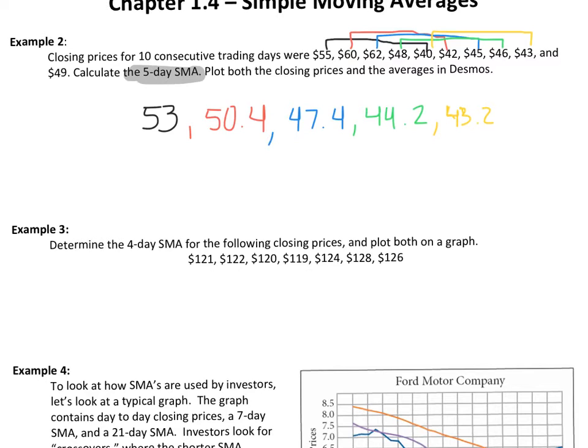And the last one, I'll return to black here, going from 42 over to the last number, 49: 42 plus 45 plus 46 plus 43 plus 49, divided by 5, and I get 45.